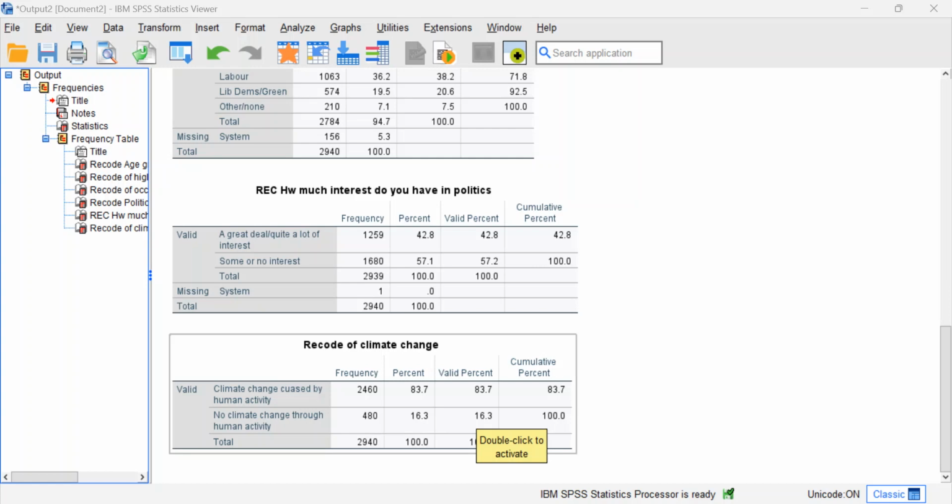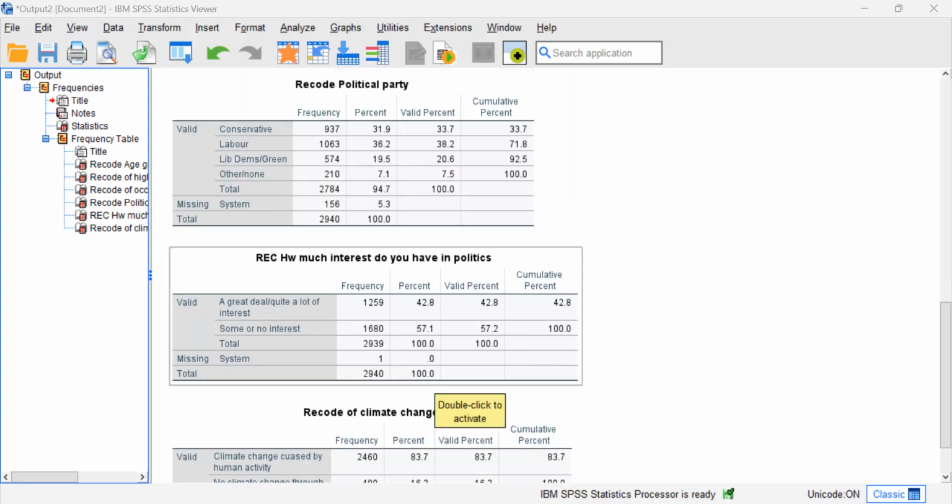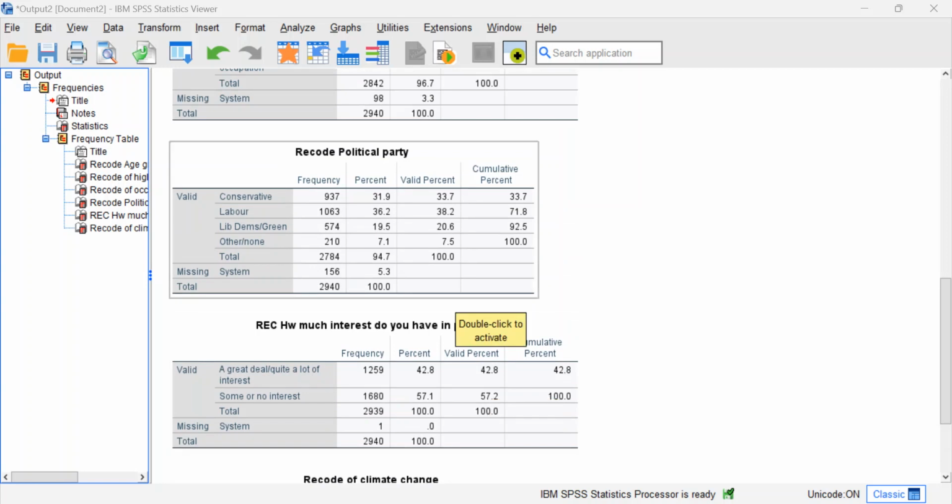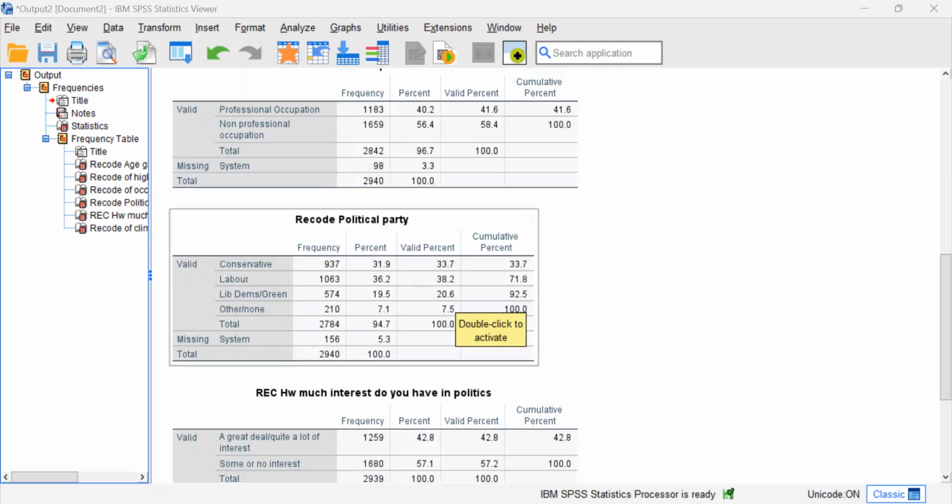For convenience, I've also recoded some of the other variables in the data set. So we've already looked at the recoding of how much interest you have in politics. I've recoded political party. You might not agree with what I've done here, but it's relatively straightforward. I've got Conservative, Labour. I've combined Liberal Democrats and Greens together, and political affinity with another party or no affinity is the fourth category there.